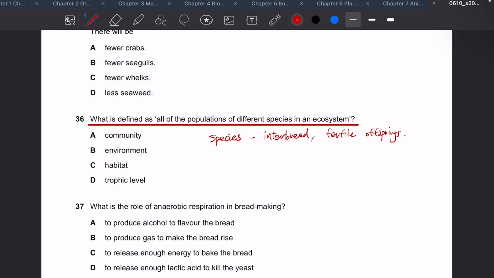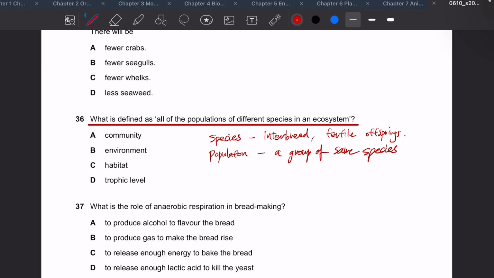So if the same types of species gather around, then they can form a population. So population is a group of the same species in the same area at the same given time.